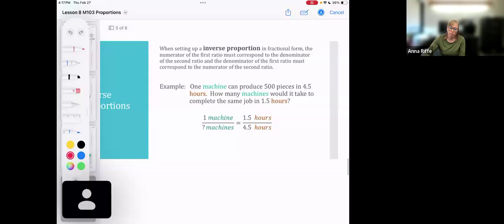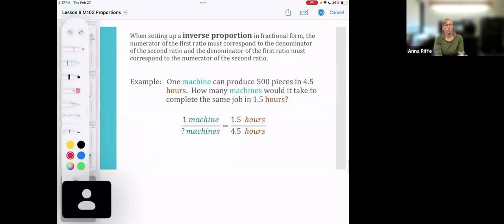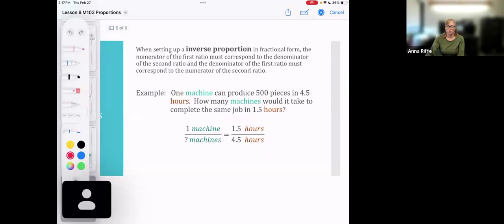Let's talk about another type of proportion. An inverse proportion. We talked about a direct proportion happening when, as one quantity increases, that causes the other quantity to increase. An inverse proportion has the opposite property in that if one quantity increases, it'll cause the other quantity to go down. And vice versa.